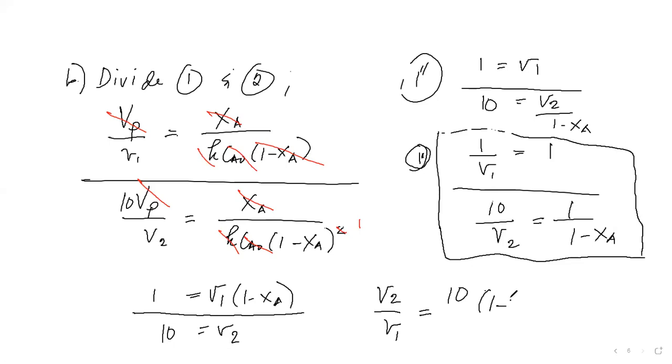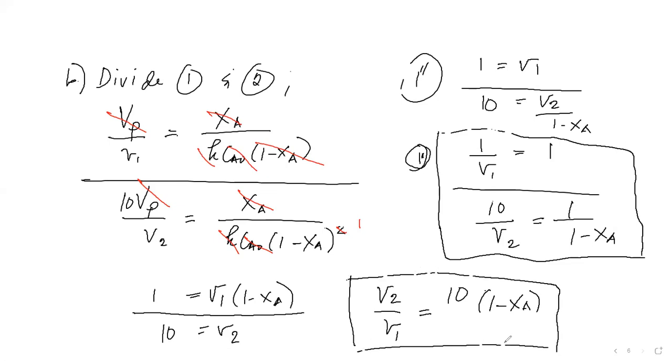So it's the same expression that we had a while ago. The ratio of V2 to V1 is 10 times 1 minus XA. And the thing is, class, our formula that will tell us of the increase in the production rate when we have the backmix reactor connected in parallel with the plug flow reactor is this expression on the right.